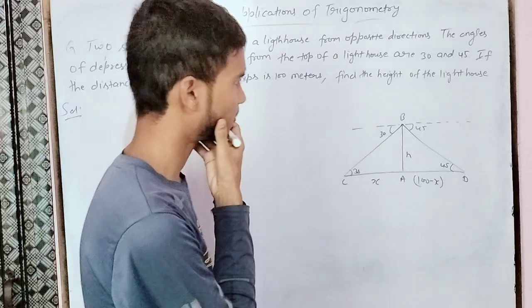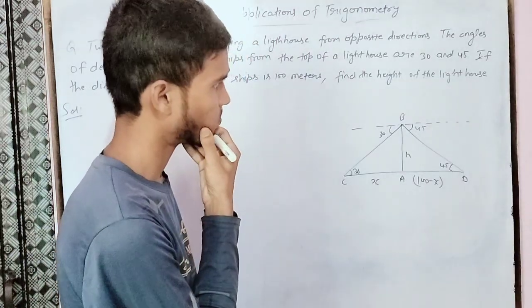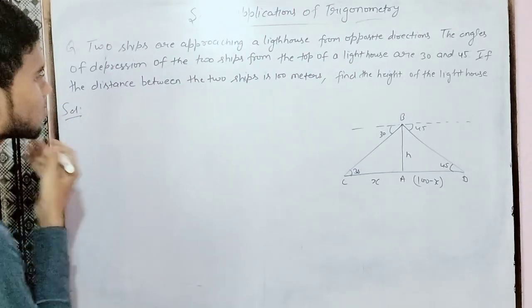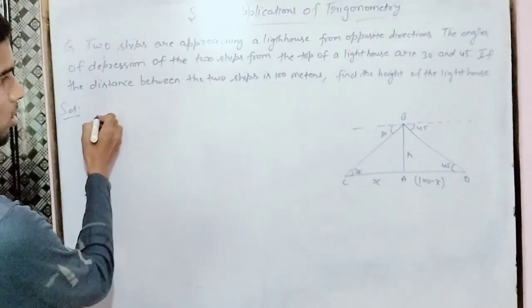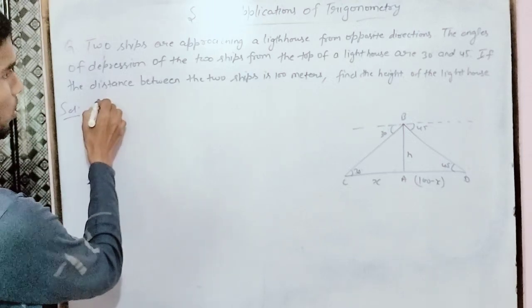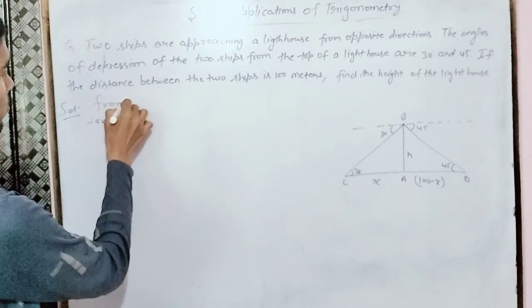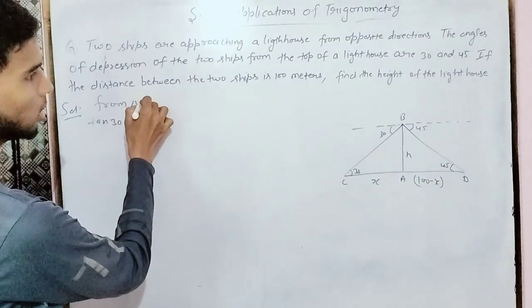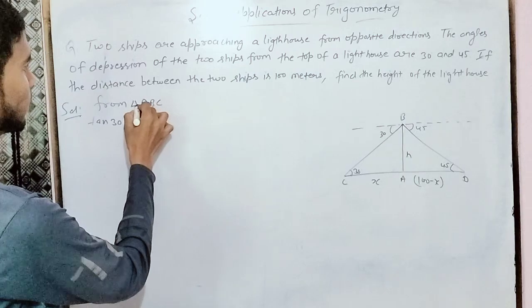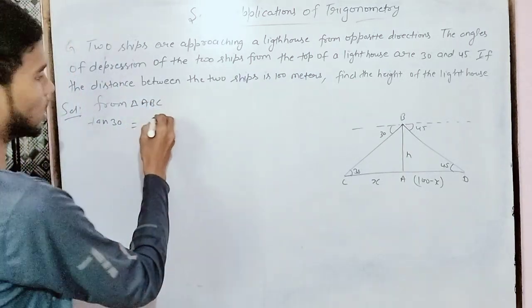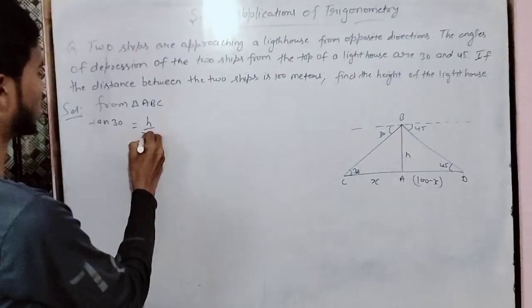Can we say, from triangle ABC, tan 30 is what? h upon x.